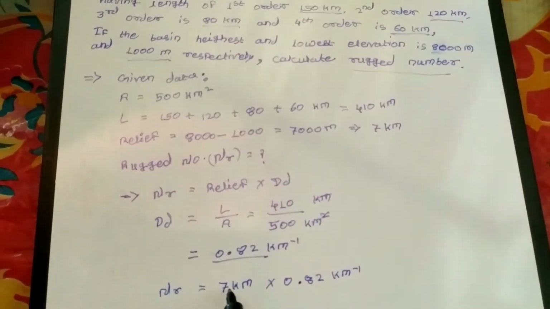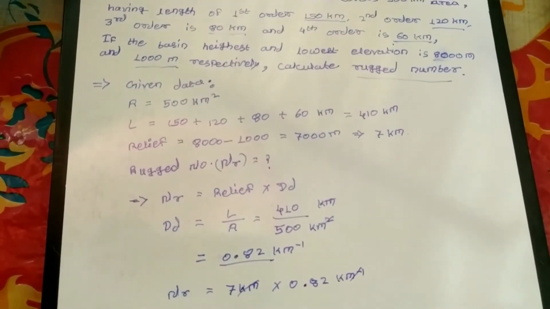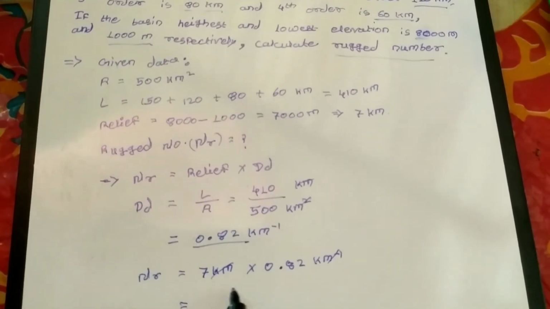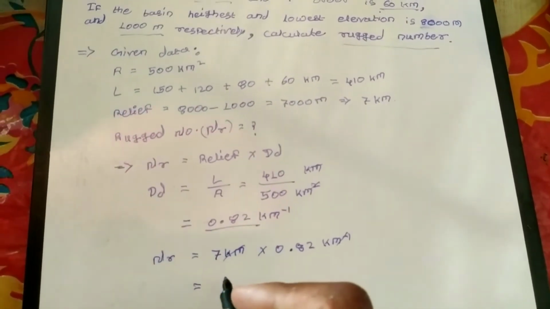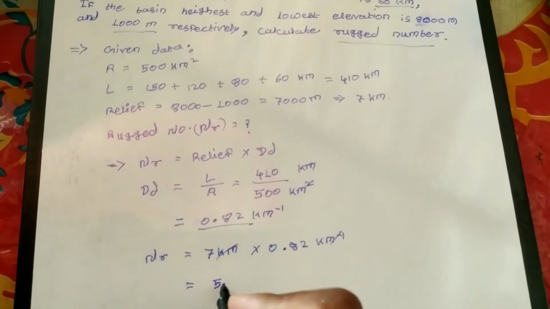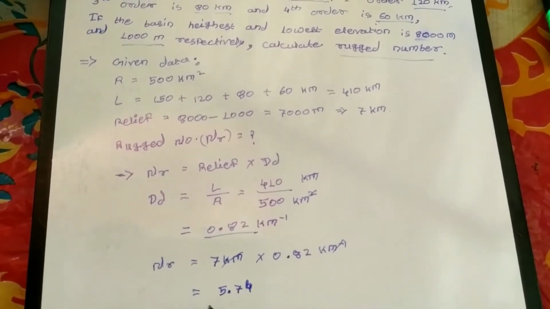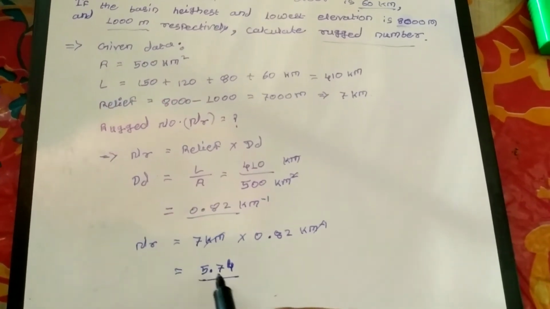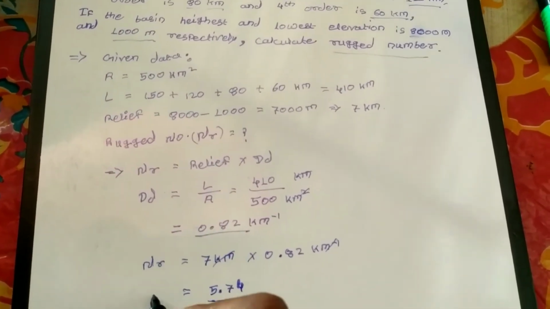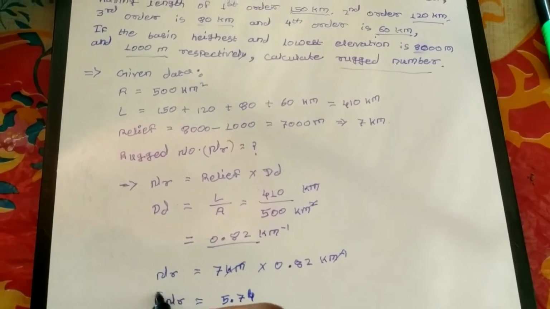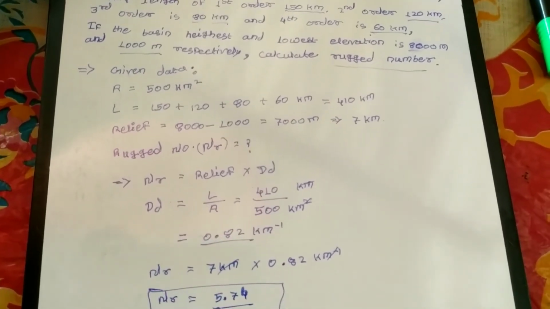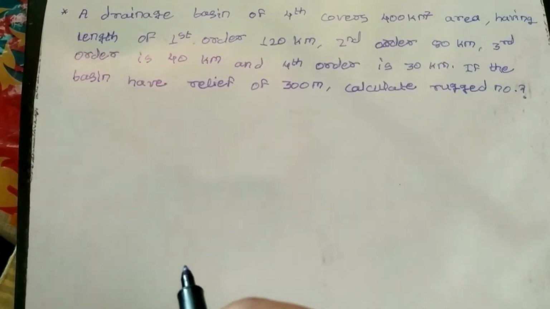This kilometer inverse and this kilometer get cancelled. Then if we calculate this, we get 5.74. This is our answer, and the ruggedness number is unitless. So the ruggedness number is 5.74.